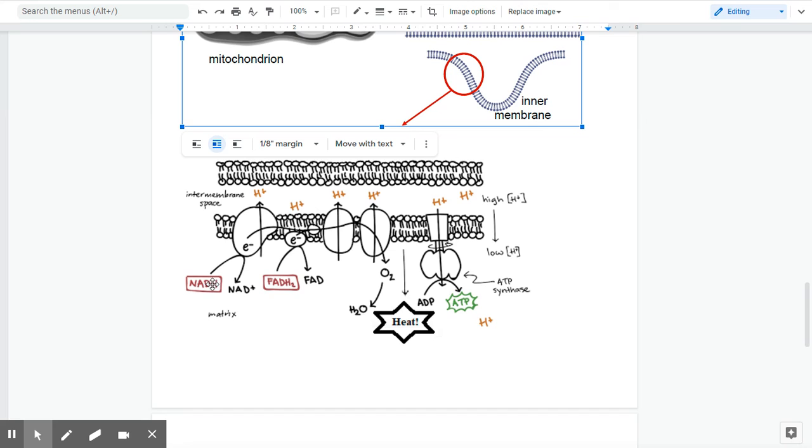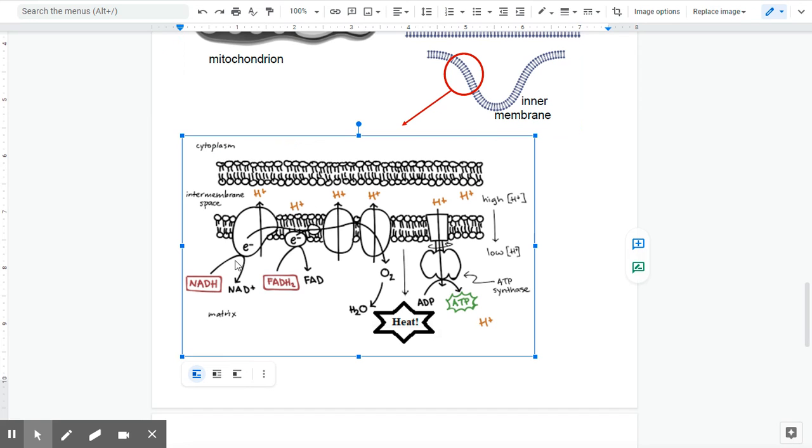This is just another version of the diagram that was on my slides. See, we'd have our energy carrying molecules that get broken up, and the electrons and a high energy hydrogen is brought in here to be used in ATP synthase, which makes heat.